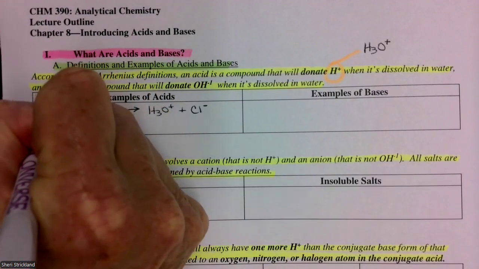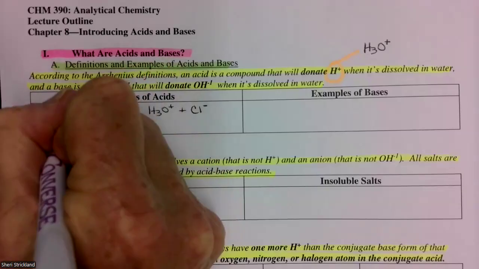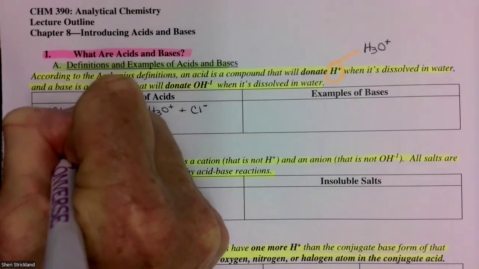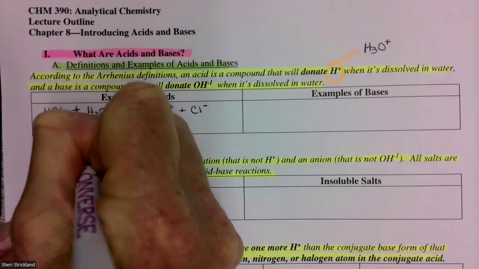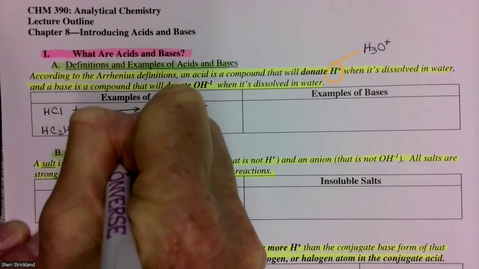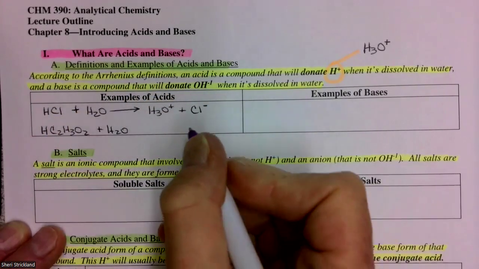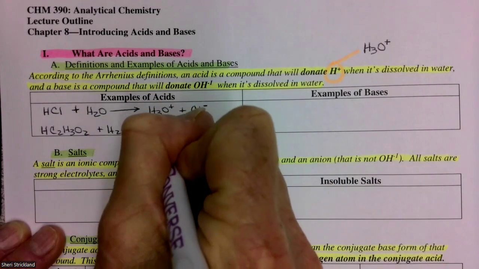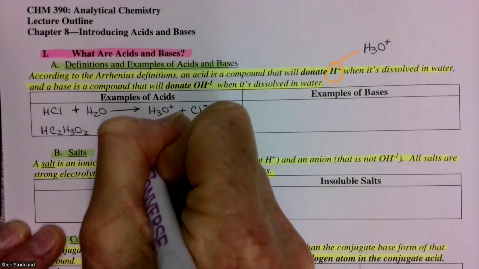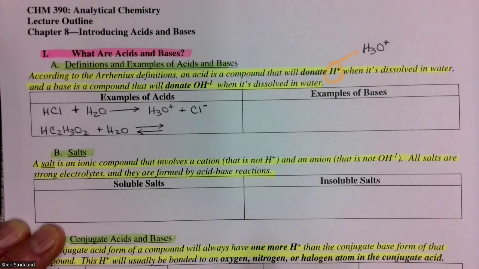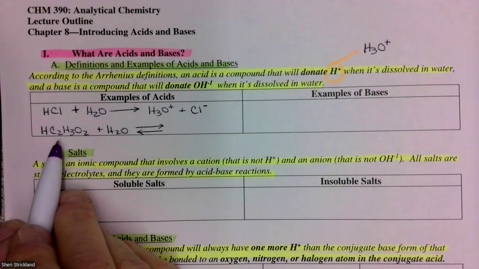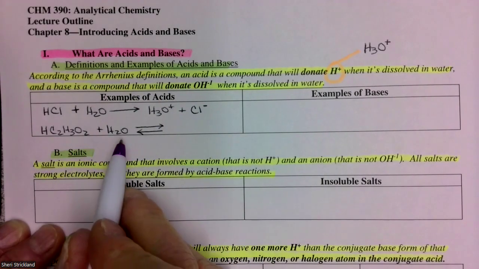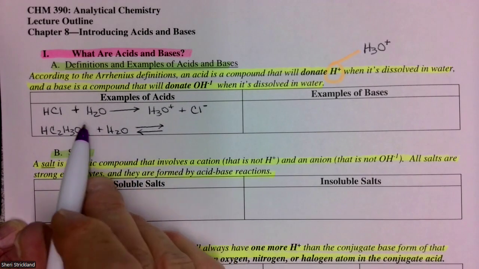Now, if you have a weak acid, something like acetic acid, HC2H3O2, when it dissolves in water, it doesn't dissociate all the way. In fact, it's something less than 100%, very likely more like 10%. But what happens is it sets up an equilibrium with two products, and you do the products the same way as up here.